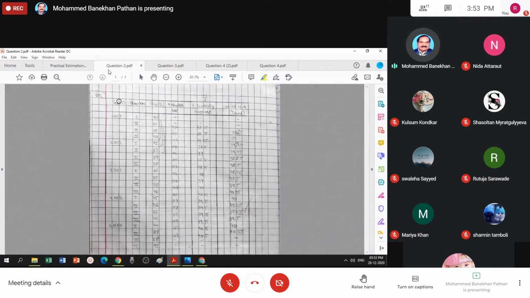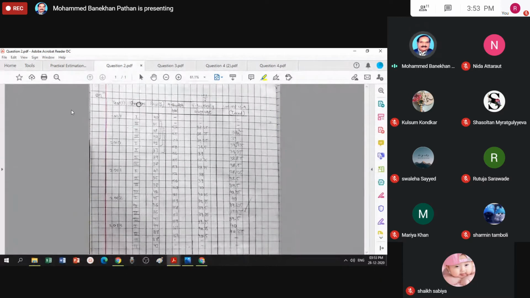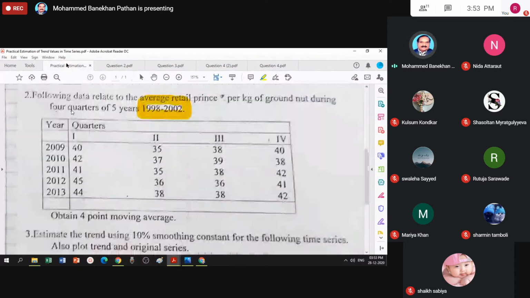In column 1, we take the values of year. In the second column, write the data according to quarters 1 to 4. In the third column, the value of the time series given as a price, denoted as YT. So columns 1, 2 and 3 come from your data: year, and every year 4 quarters and so on.